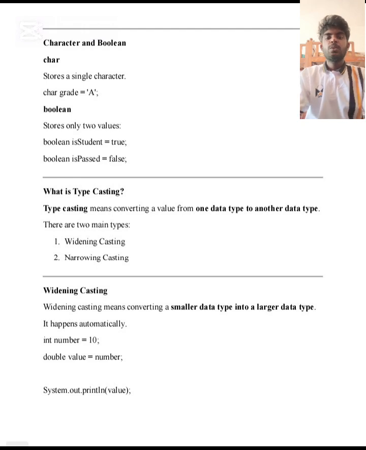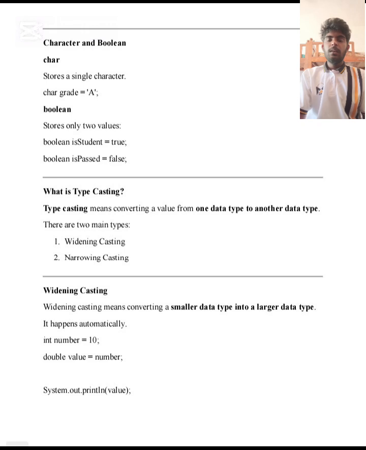First, let's look at widening casting. Widening casting means converting a smaller data type into a larger data type. One important thing about widening casting is that it happens automatically.